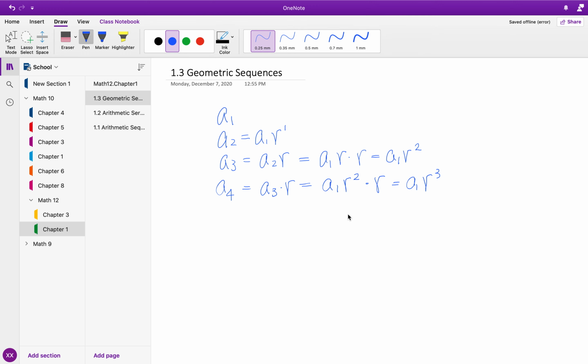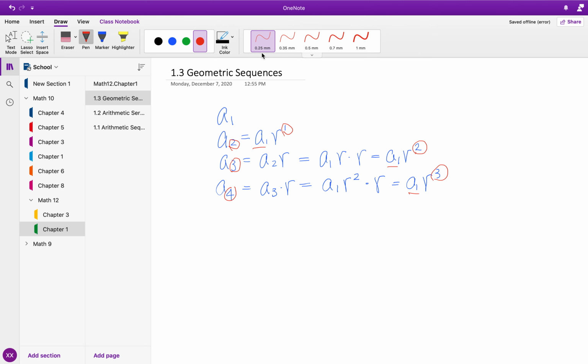So you see the pattern is starting to show up. You have A2 and A1 here, and then the power is 1. You have A3, there's still A1 here, and the power is 2. For A4, the power is 3.